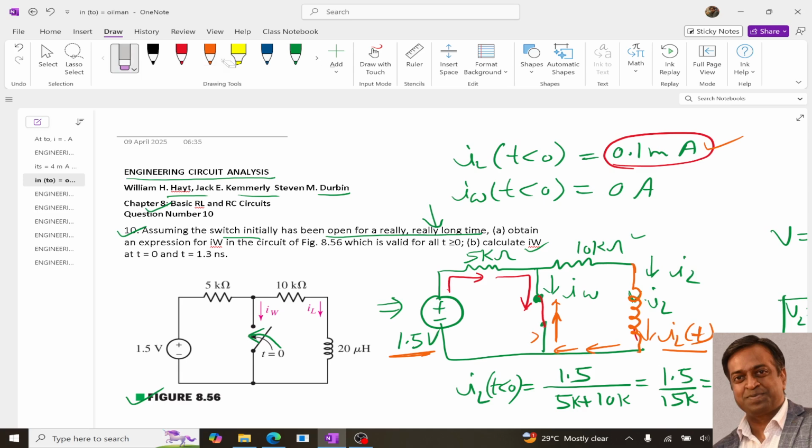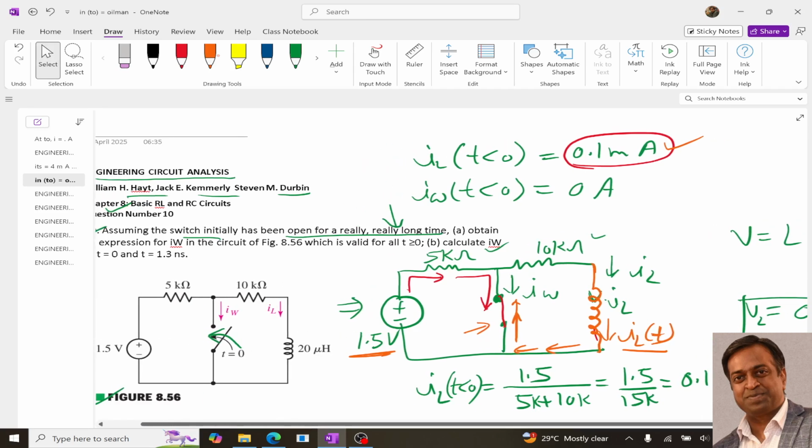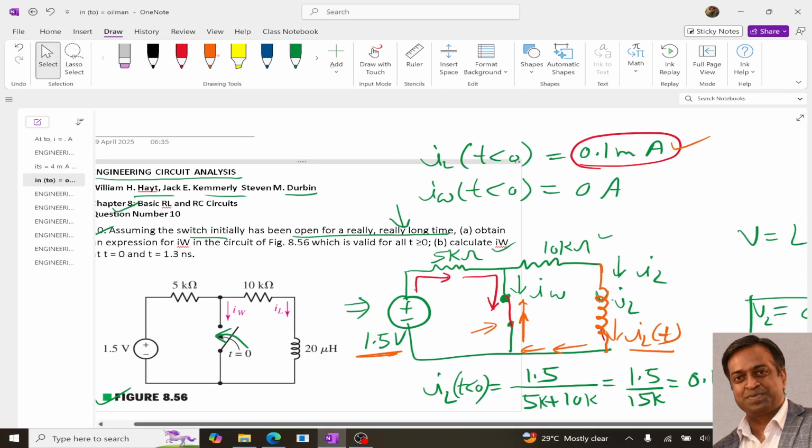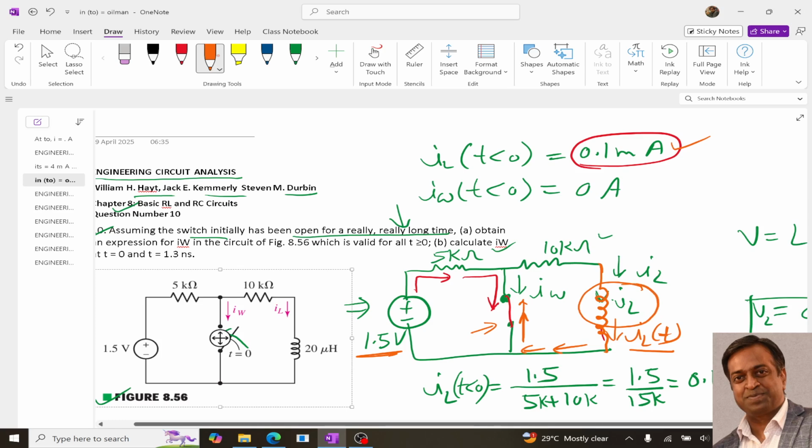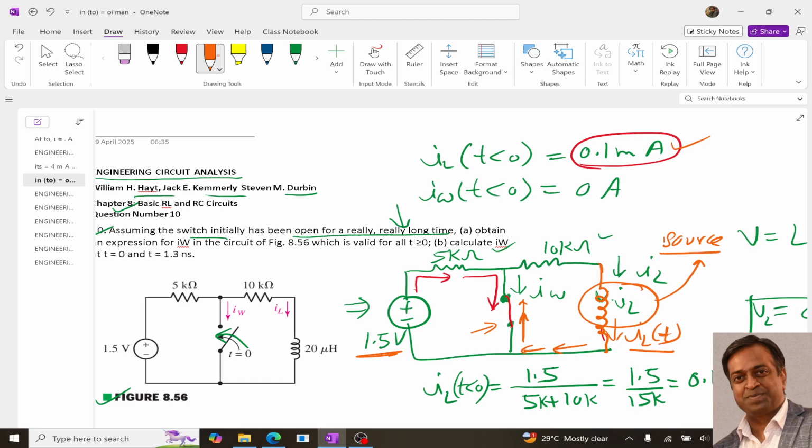Because of this, we can use the superposition theorem to solve this. Presently this inductor is acting as a source. How does it become a source?